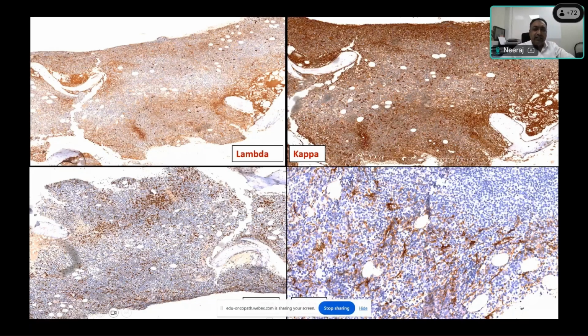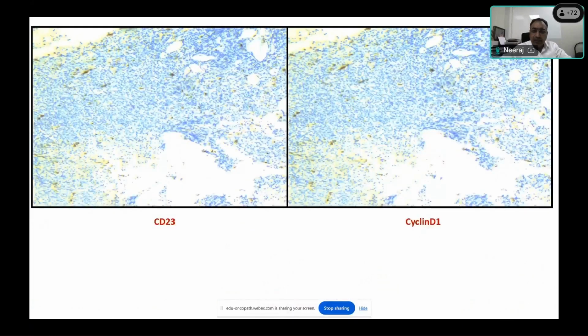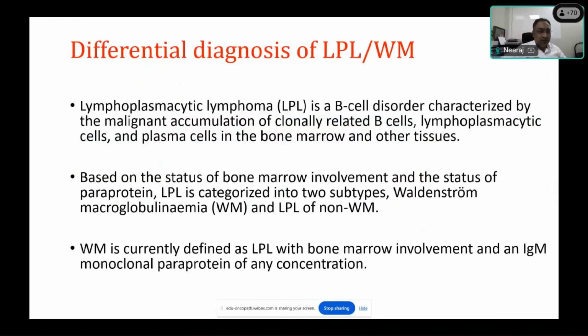Now you want to further characterize those plasma cells or the abnormal cells using markers like CD5, CD10, CD23, PAX5, and all of them are negative. CD23 is negative. Cyclin D1 is negative. So this is not mantle cell. This is not CLL. This is probably a lymphoplasmacytoid lymphoma, and the presence of IgM sort of confirms that you are dealing with likely a lymphoplasmacytoid lymphoma.